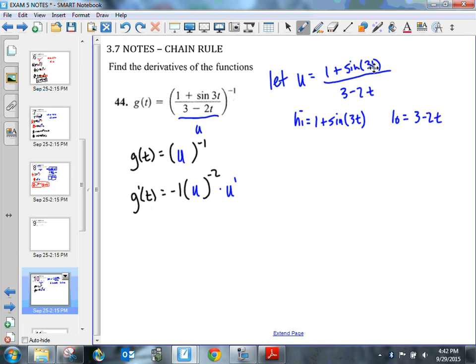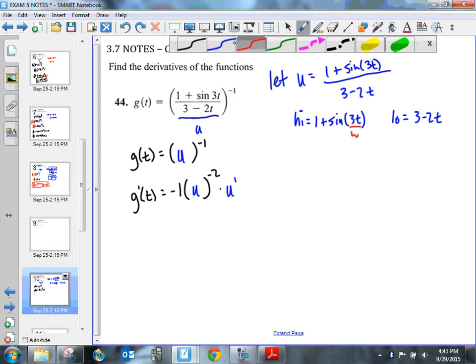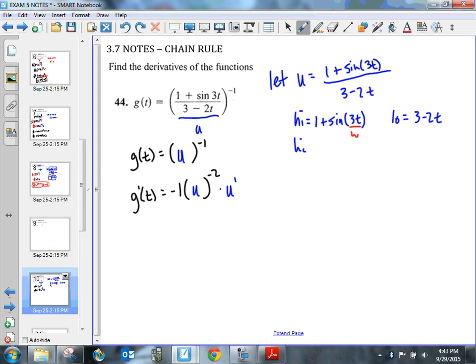Now, if I were to find d high, I have another inside function here. I'm going to call this w. So I'm going to rewrite my high function as 1 plus sine of w.